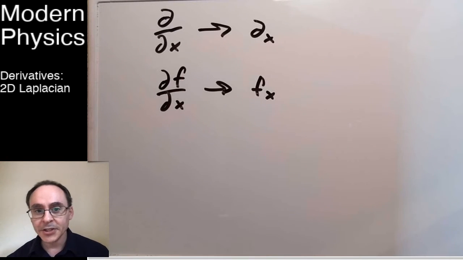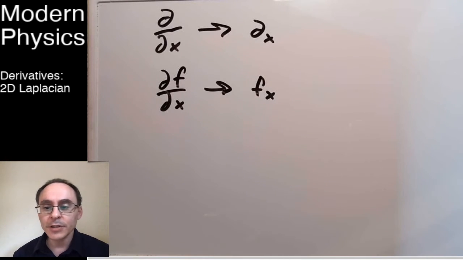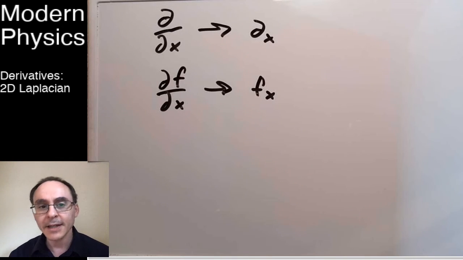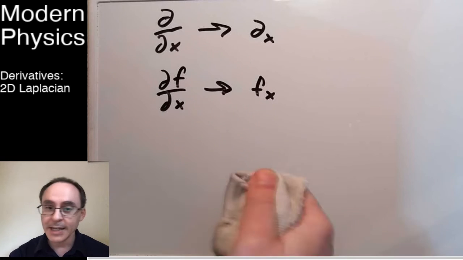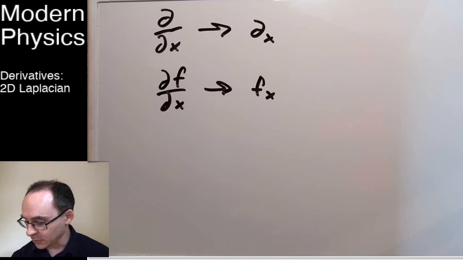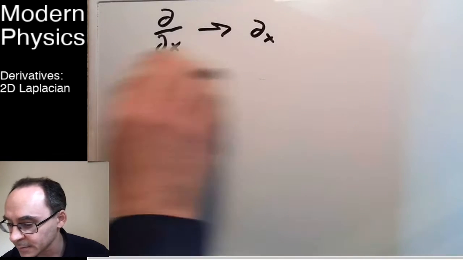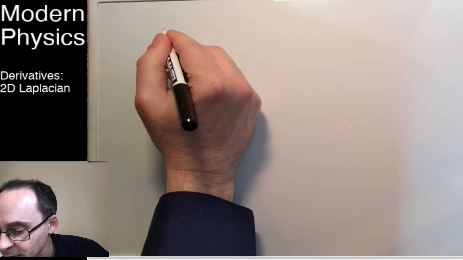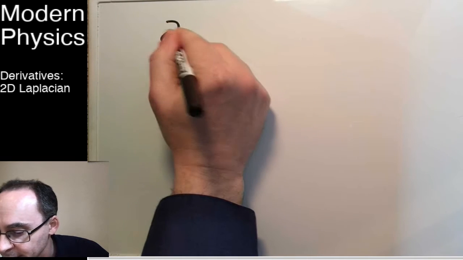So this is just notation. It's used elsewhere in physics, so it's not a bad thing to get a hang of, and in my case, it's going to save me a lot of writing, and that's why I'm going to use it here.